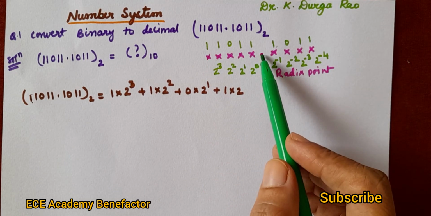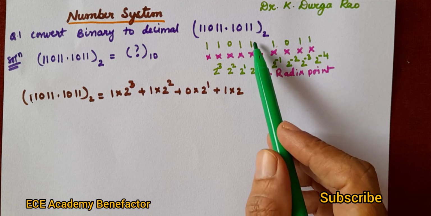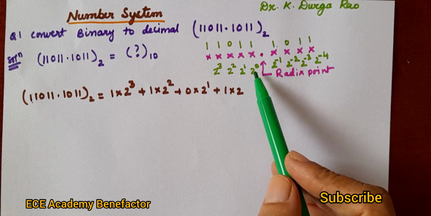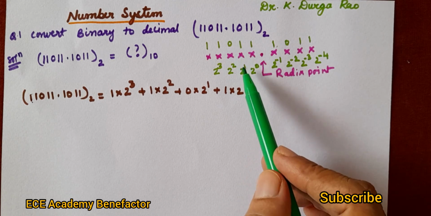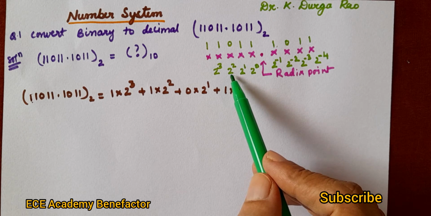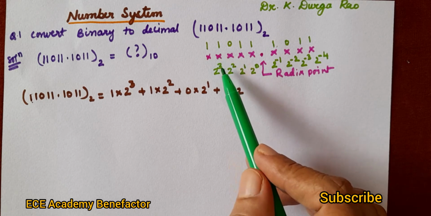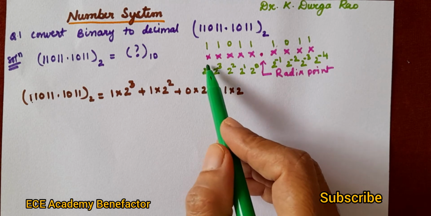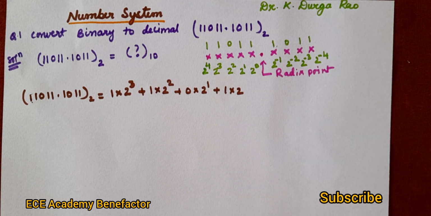Start from here. On the left side, multiply the first bit by 2 to the power 0, and the next bit by 2 to the power 1. The third bit by 2 to the power 2, fourth bit by 2 to the power 3, and fifth bit by 2 to the power of 4.